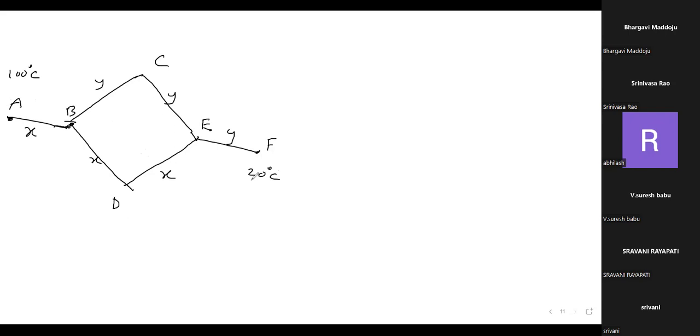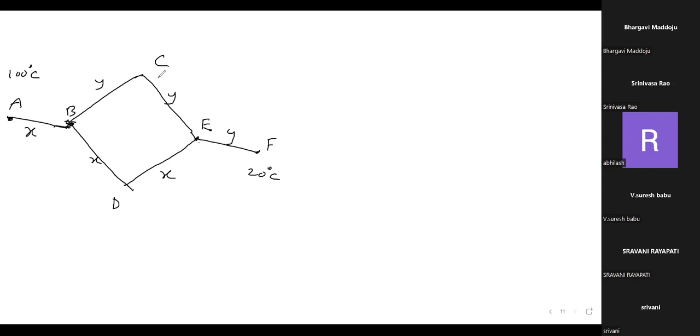Now, in this case, how to calculate the temperature at B and E? I mentioned that A and F are given, but I'm asking the temperature at B and E. Now, in this case, how to solve the problem?